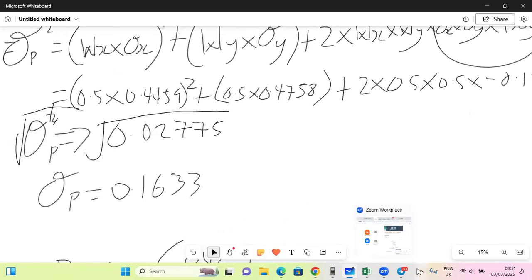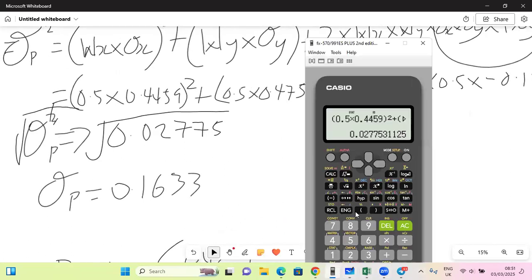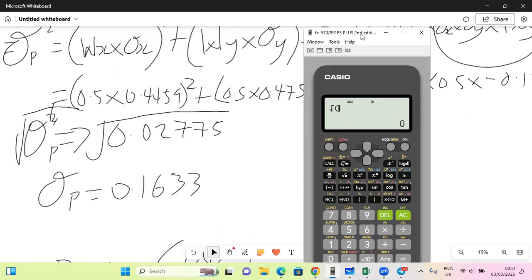When you find the root of it, square root answer, 0.1666.